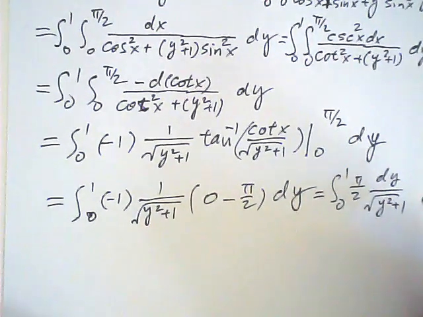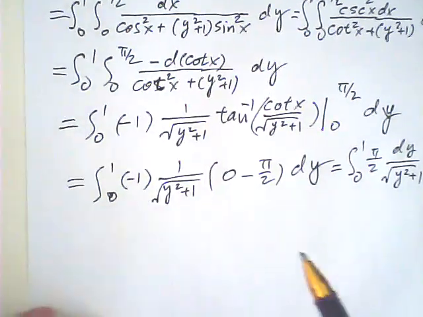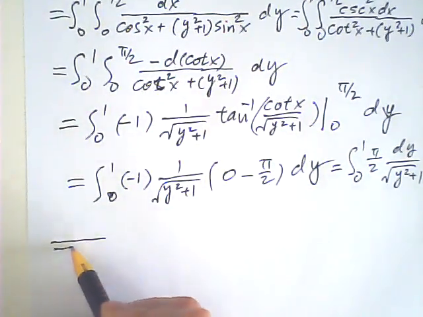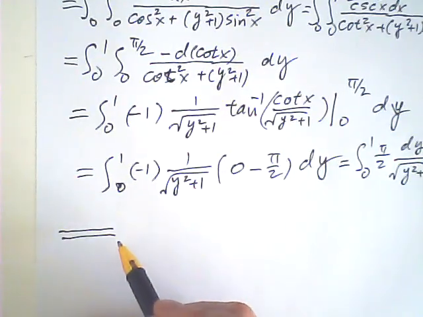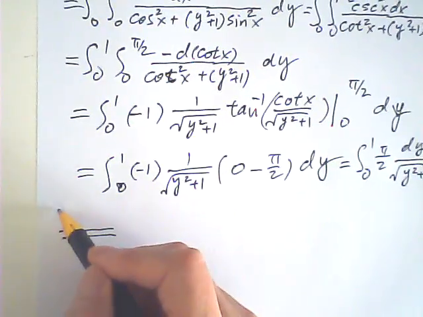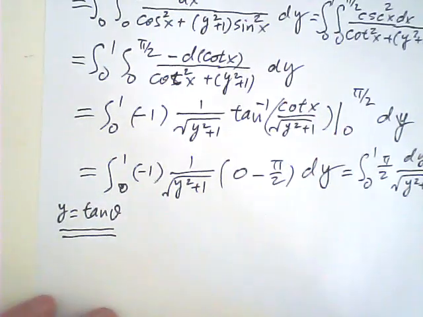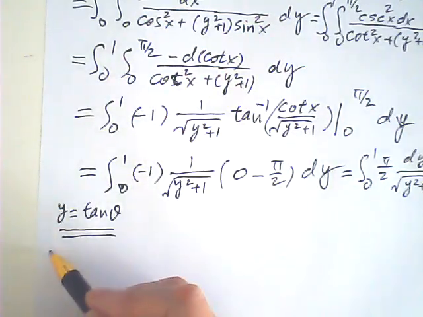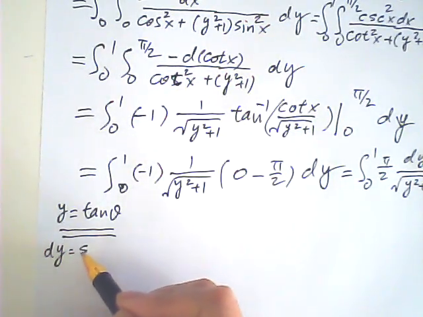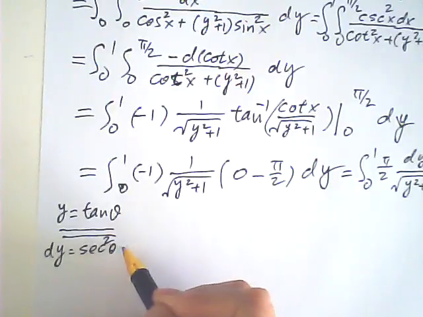That integral is much easier. We use a trigonometric substitution, right? Let y be tangent theta, so dy is equal to secant square theta d theta.